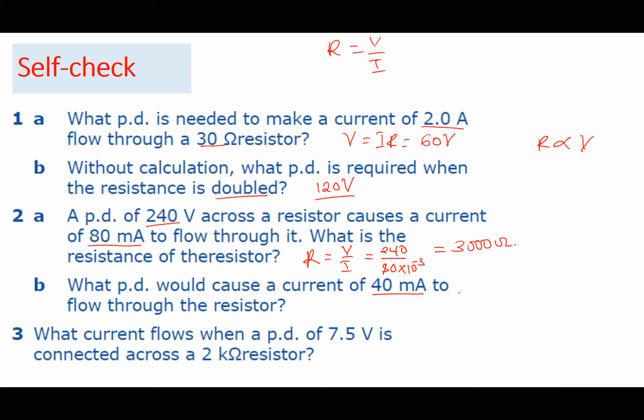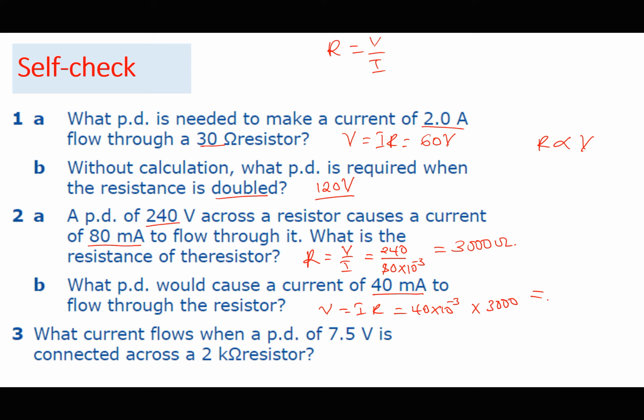What PD would cause a current of 40 milliamperes to flow through the resistor? So the current has been changed to 40 milliamperes. Of course, the resistance of the same resistor is a constant. So we want to find the PD. So V is equal to I times R. So this is going to be 40 times 10 to the power of minus 3 to change it to amperes, then times the resistance, which is going to be 3000.